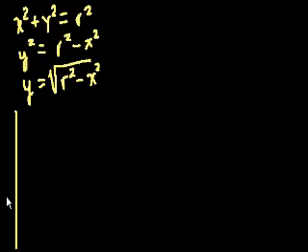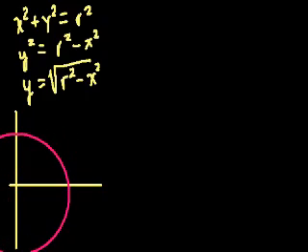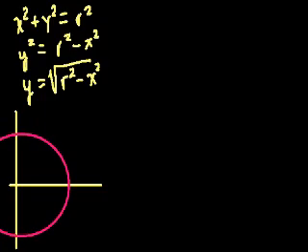So if this is my y-axis, this is my x-axis, and then I actually have a circle tool. Let me see if I can use it effectively. Close enough. I think you get the point.